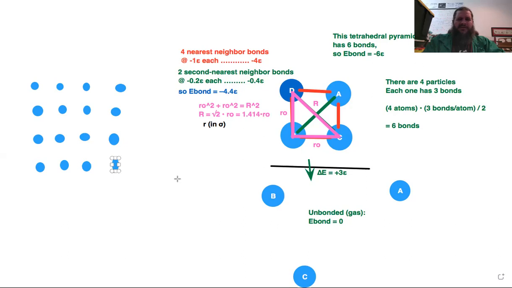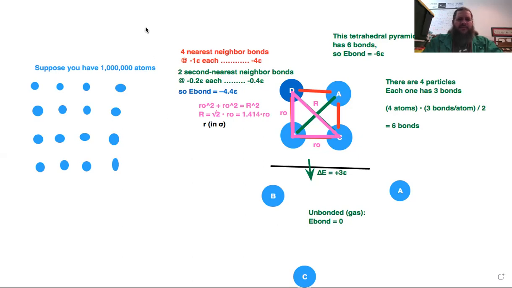So if this square grid just keeps going for a very long distance in either way, and let's say we've got 1 million atoms in a square grid, so 1,000 by 1,000, and we want to know what's the bond energy of this cluster.